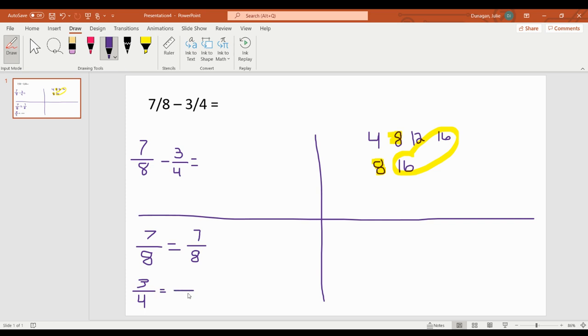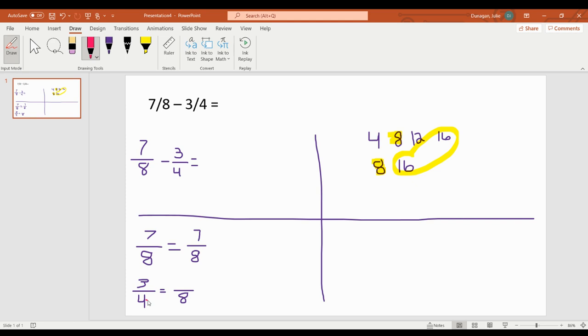So I'm going to rewrite my denominator. Then I'm going to go back to my skip counting to see what number I need to multiply 4 by in order to get 8. So 1, 2, we know 4 times 2 equals 8.